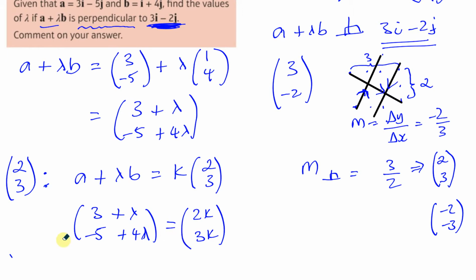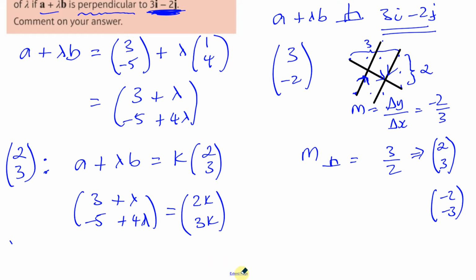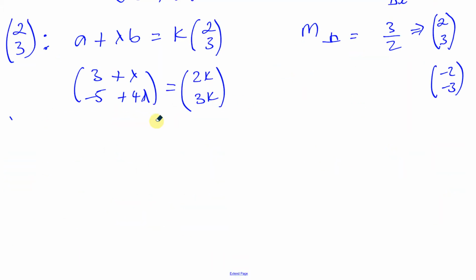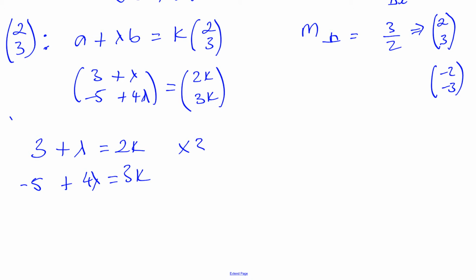Okay, so we have here now a pair of simultaneous equations which you can solve. We can say 3 plus lambda is equal to 2k and minus 5 plus 4 lambda is equal to 3k. Now they ask us to find what lambda is, so let's multiply this by 3 and multiply this by 2, thereby we'll eliminate the k.